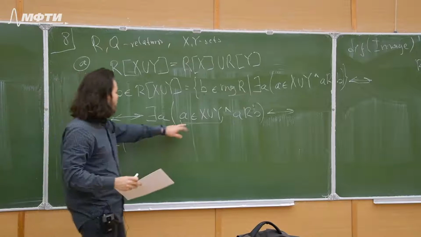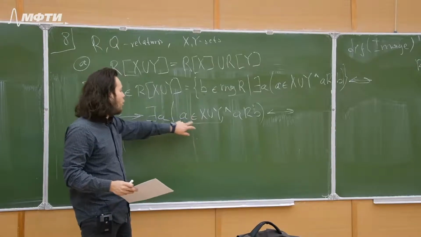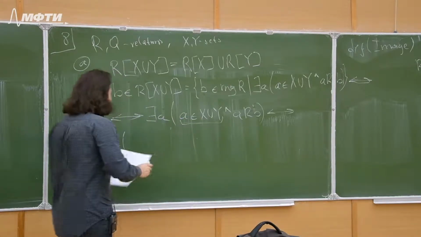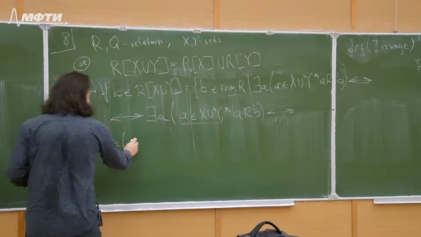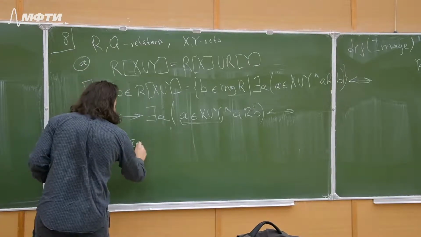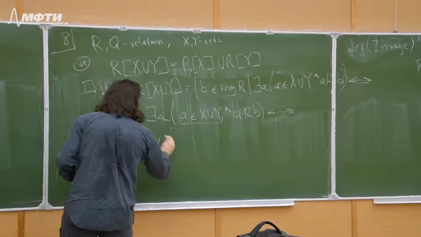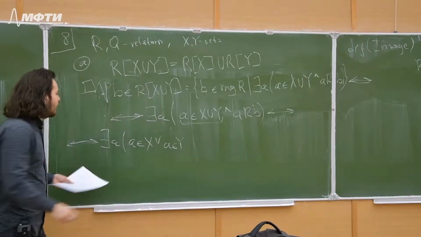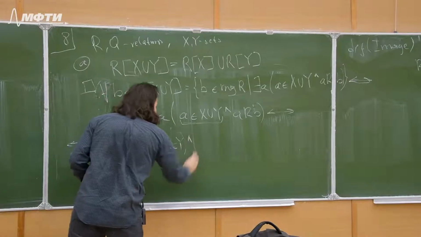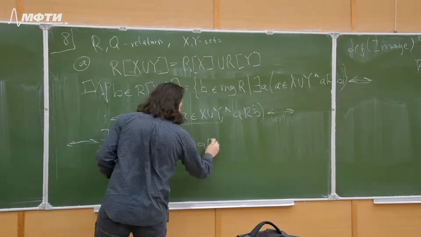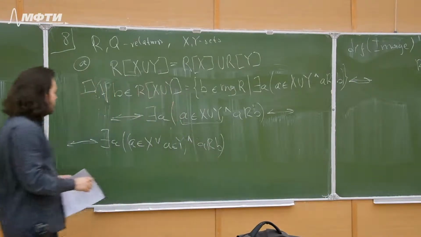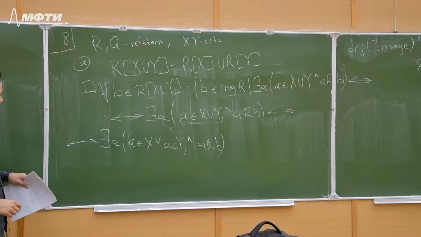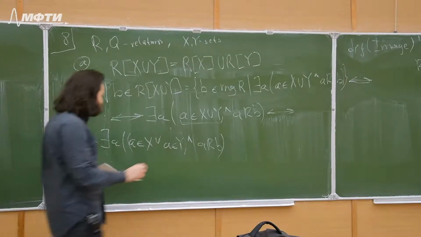Either A is in X or A is in Y. So there exists A such that A is an element of X or A is an element of Y, right? And A R B. Okay. And from here, I think it's clear.